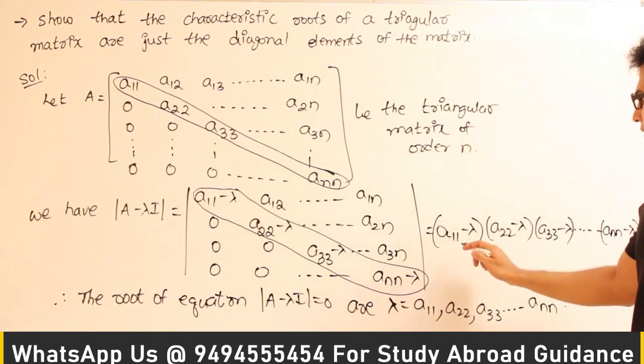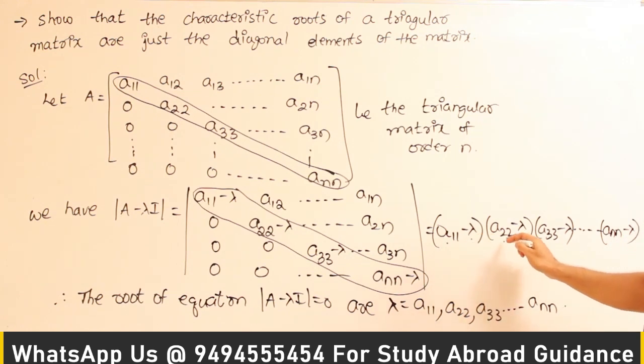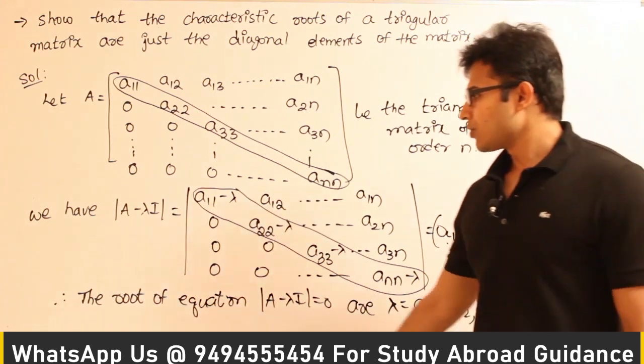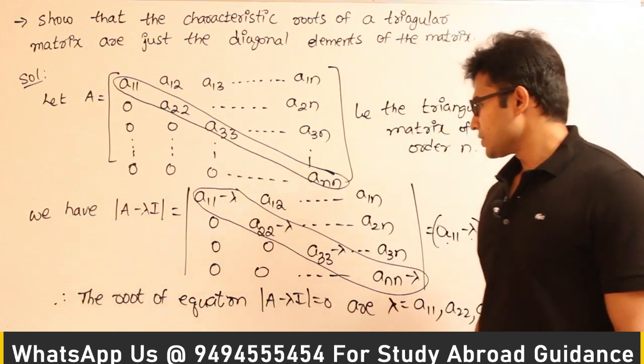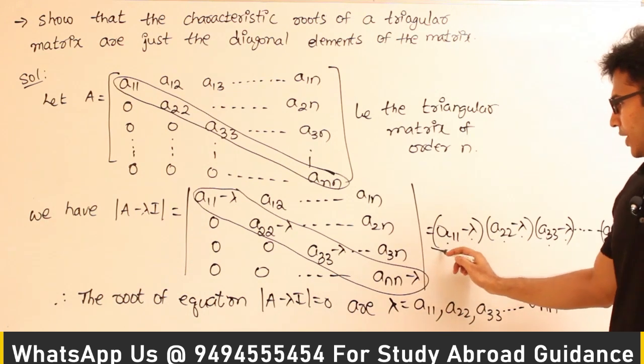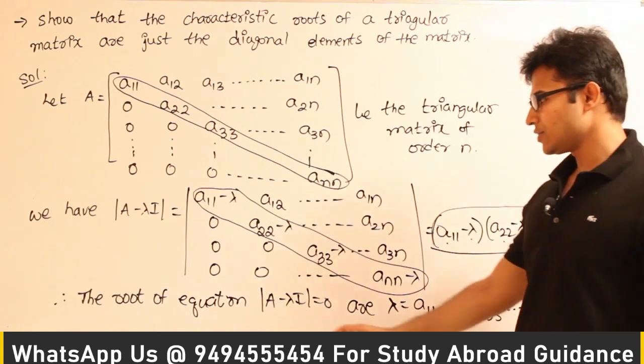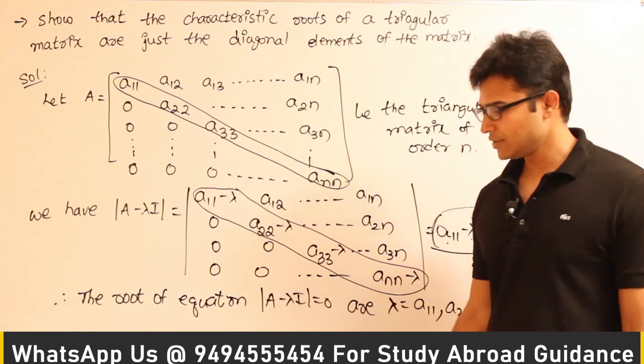What are all these elements? a11 minus lambda, a22 minus lambda, a33 minus lambda, so on, ann minus lambda, right? Therefore, once you find that A minus lambda I is this, the roots of this equation are nothing but the eigenvalues, isn't it?